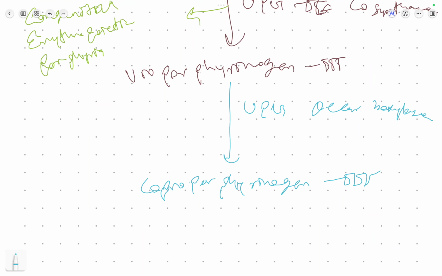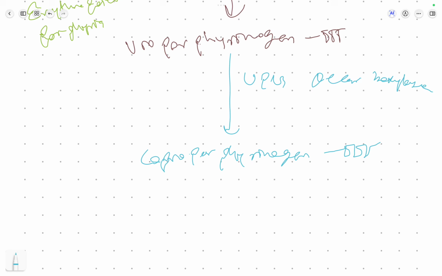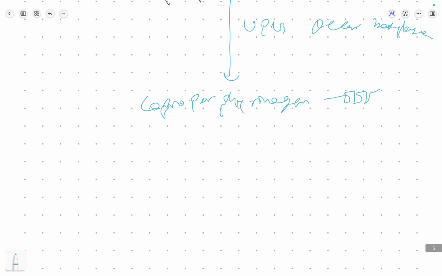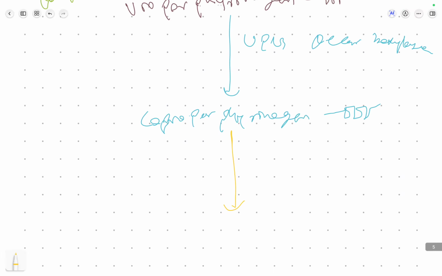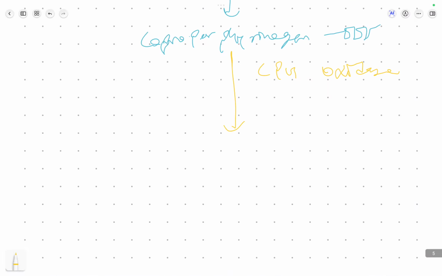Decarboxylase means removal of carbon dioxide. So we don't have to remember any porphyria from uroporphyrinogen to coproporphyrinogen. Now after coproporphyrinogen we use CPG oxidase, and the thing formed is protoporphyrinogen 9 or 3, it's your choice, you can write anything.